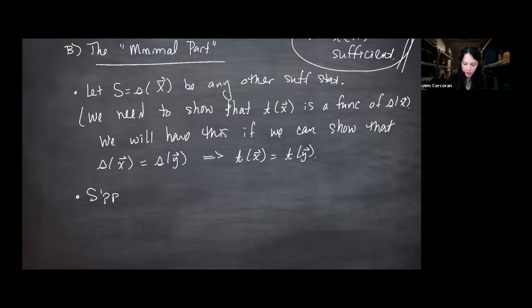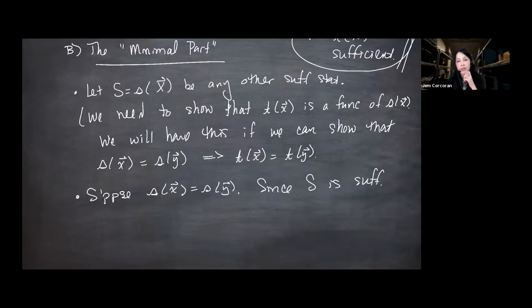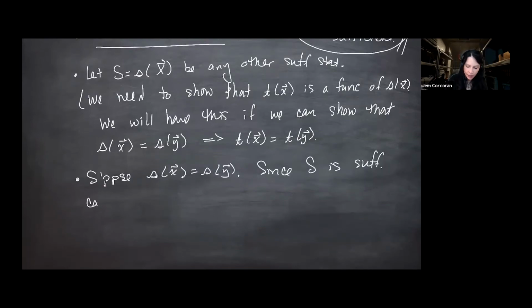Suppose that the vector little s of little x is equal to the vector little s of the vector little y. So since s is sufficient, I can use the factorization criterion, and we can write the joint PDF as some h of x.